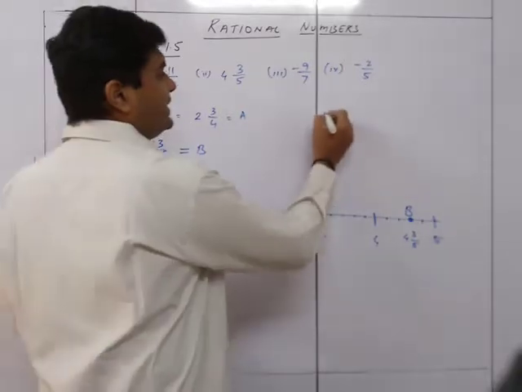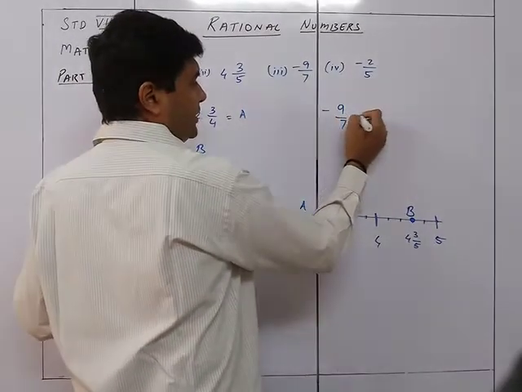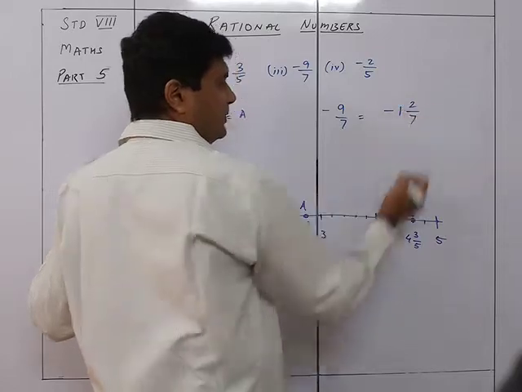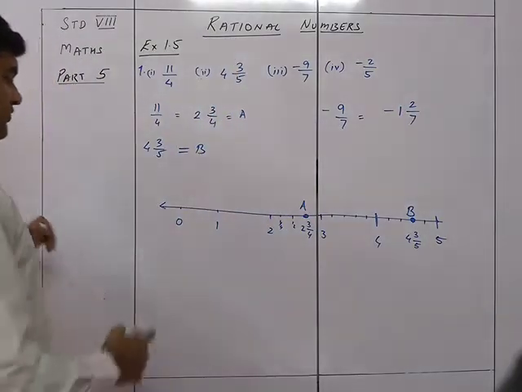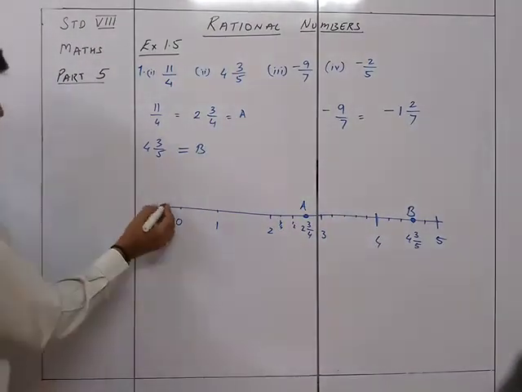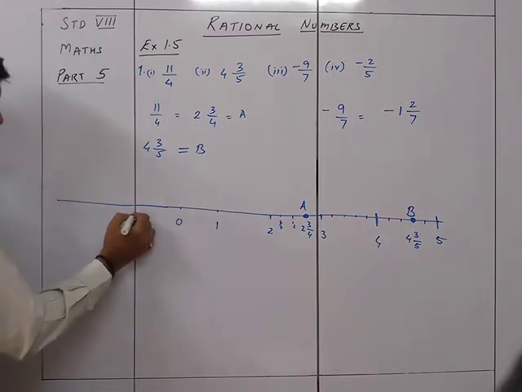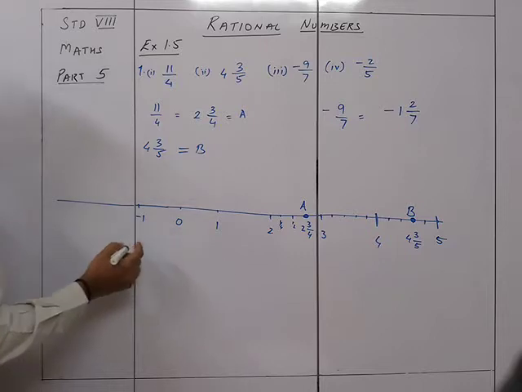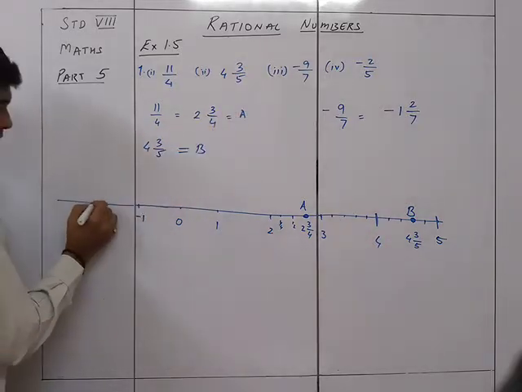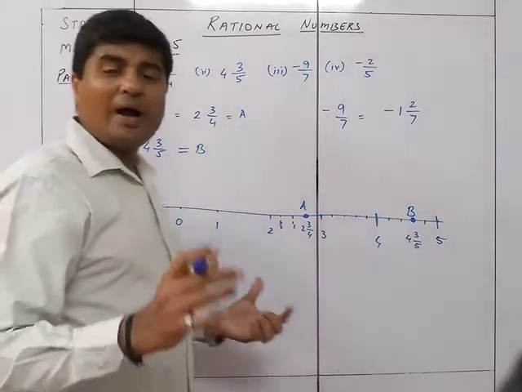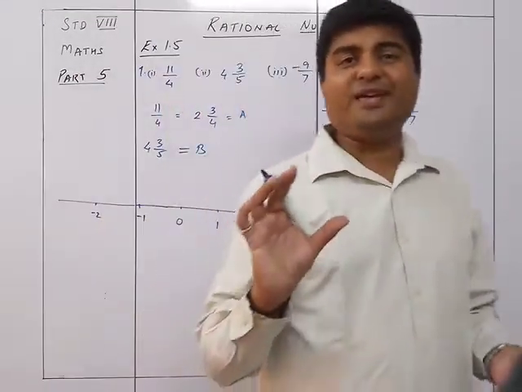Next is minus 9 upon 7. Now minus 9 upon 7 is nothing but minus 1 2 upon 7. If I take the line on the other side over here, this is 0 and this will be minus 1, and then minus 2 over here. So between minus 1 and minus 2, I am going to divide that into 7 equal parts.